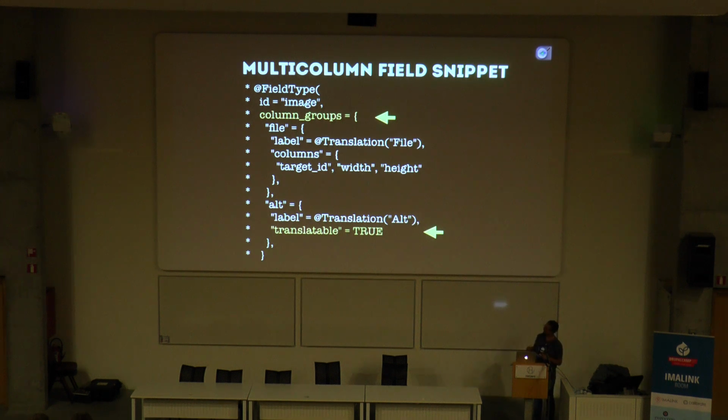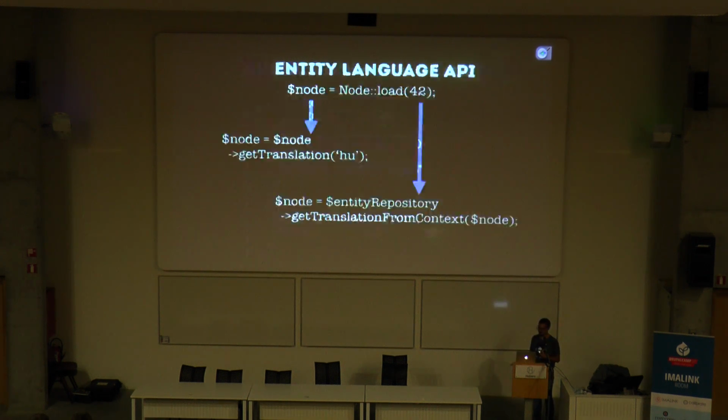So this is how you define your entities and your fields to be translatable, and then how do you work with the translations themselves. Your entities will have a getTranslation method, so you can pass the langcode of the translation you want to get and operate with them. Or if you have your node, in the page you are rendering, you already have a context: which language the user requested this page in, which language was negotiated.